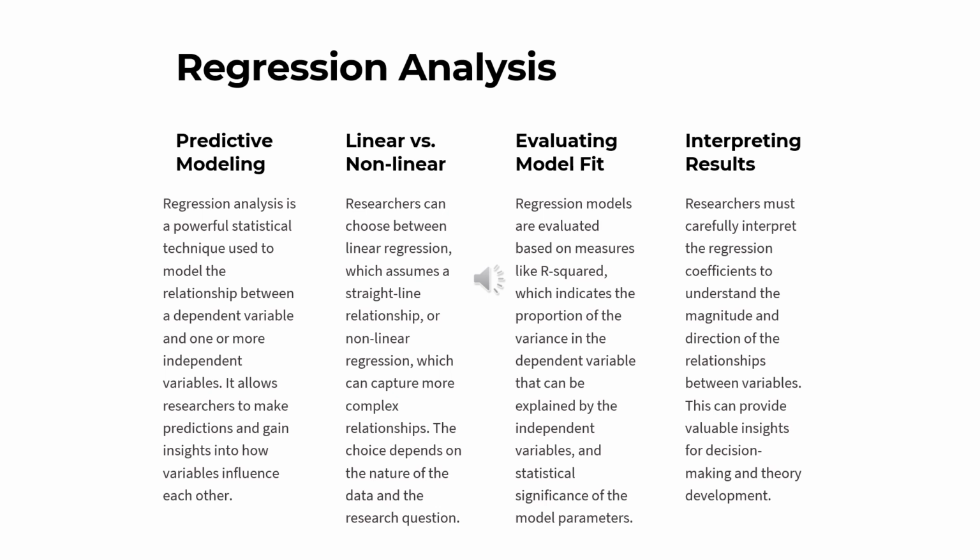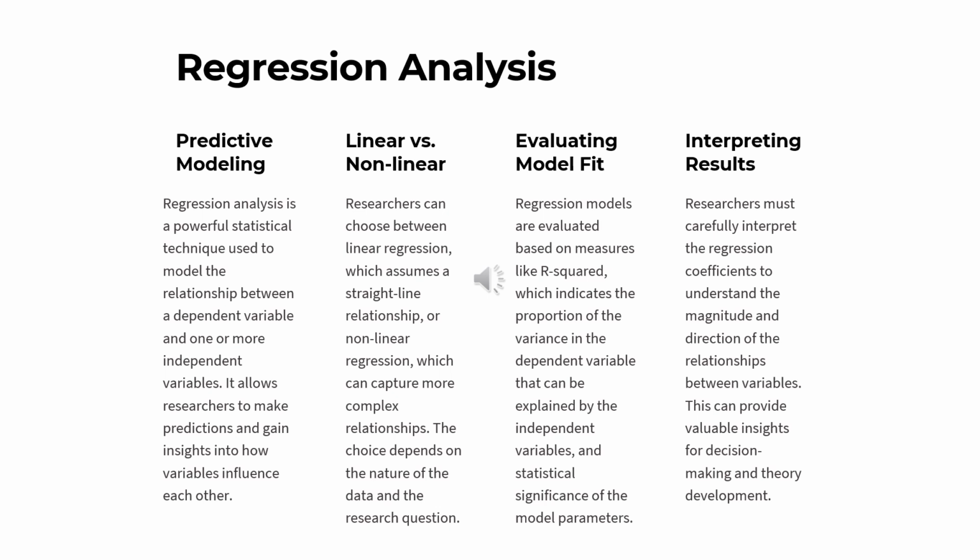If the relationship is linear or non-linear, researchers can choose between linear regression, which assumes a straight line relationship, or non-linear regression, which captures more complex relationships. So if the relationship is a straight line, it is linear, and if it is more complex, then it is non-linear. The choice depends on the nature of the data and the research questions.